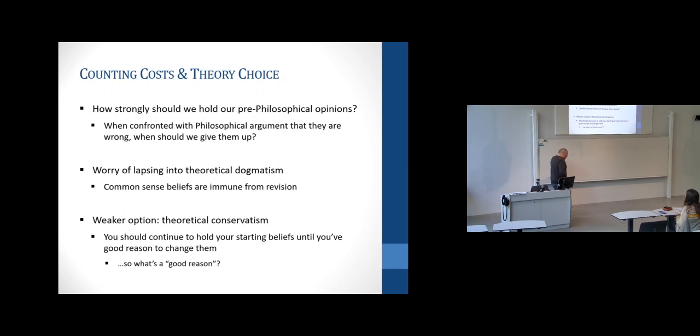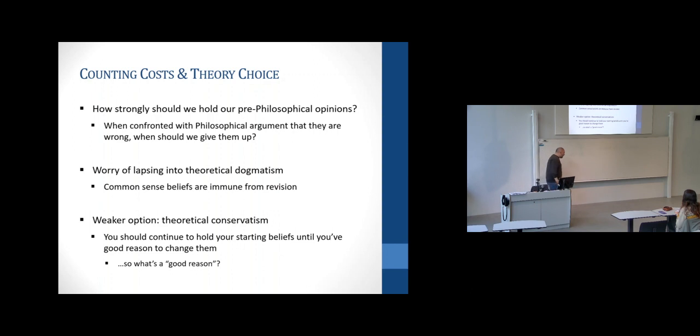So a couple of questions with this view and some problems. I find it a very intuitive and attractive view because it sits perfectly and naturally with theory choice in science. But one question or objection we might raise is how strongly should we hold our pre-philosophical opinions? When we're confronted with philosophical arguments that they're false, which one goes?